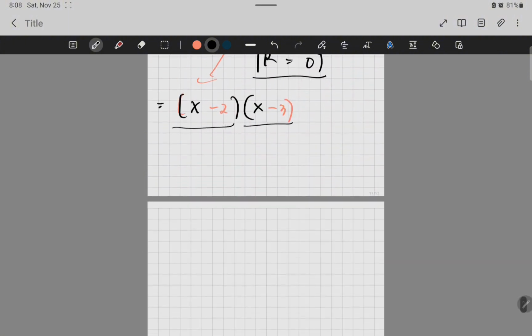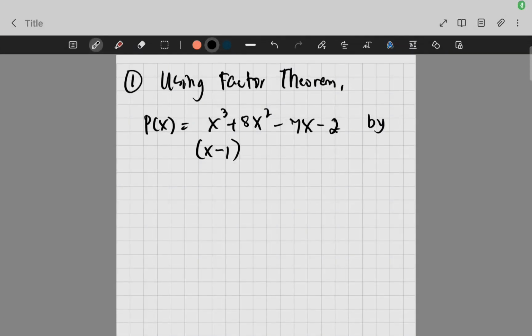Okay? Alright, for example number 1, using the factor theorem, identify whether the given divisor is a factor of the polynomial p of x. Okay, so if p of x is equal to x cubed plus 8x squared minus 7x minus 2 by x minus 1, is it a factor or not a factor?